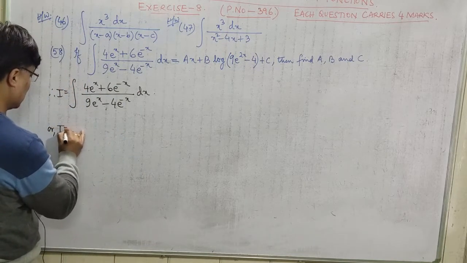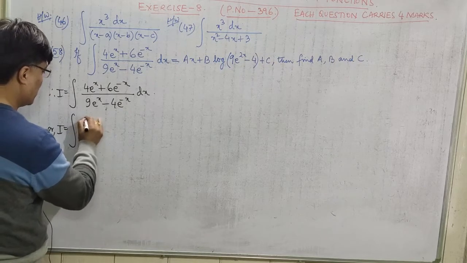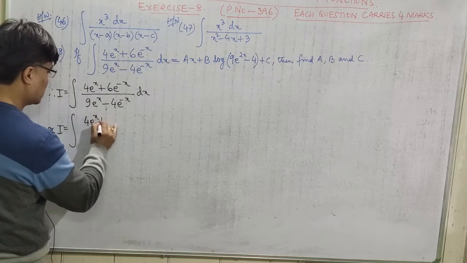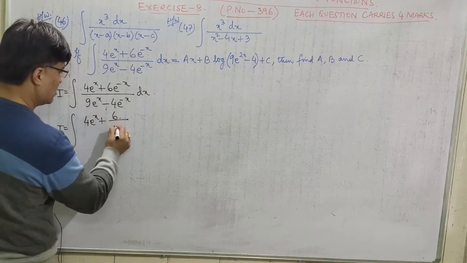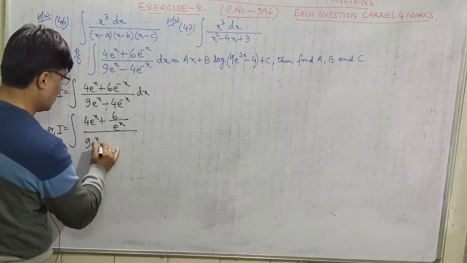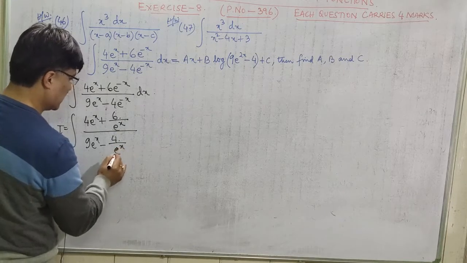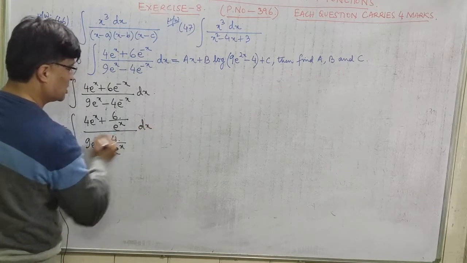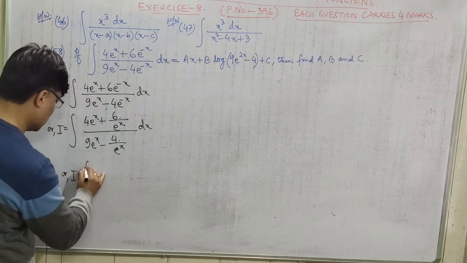So I is equal to integration of 4 e to the power x plus 6 by e to the power x, divided by 9 e to the power x minus 4 by e to the power x, right, then it is dx. You can take the LCM, so I is equal to integral.